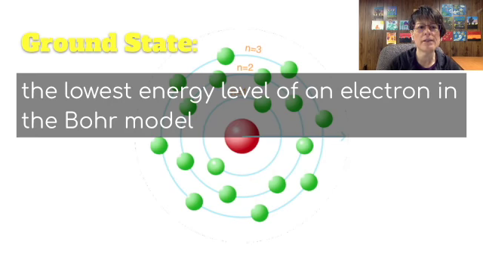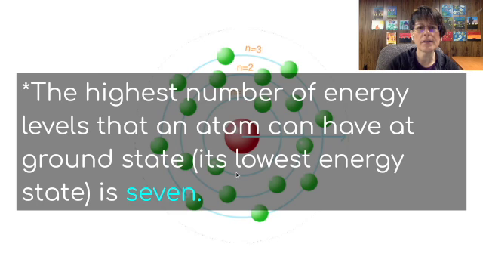So the electrons are usually in the ground state. This is the lowest energy level of electron in the Bohr model. So right now, these are in the ground state. No energy has been added, no heat, no electricity, anything like that. And the highest number of energy levels that an atom can have at ground state, its lowest energy state, is 7.